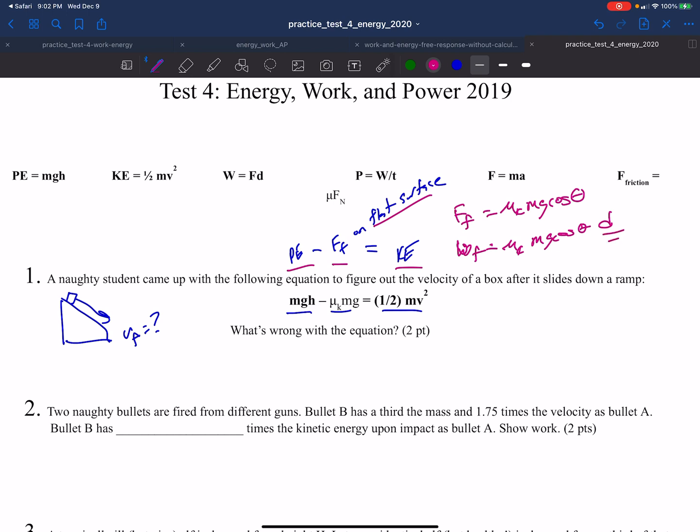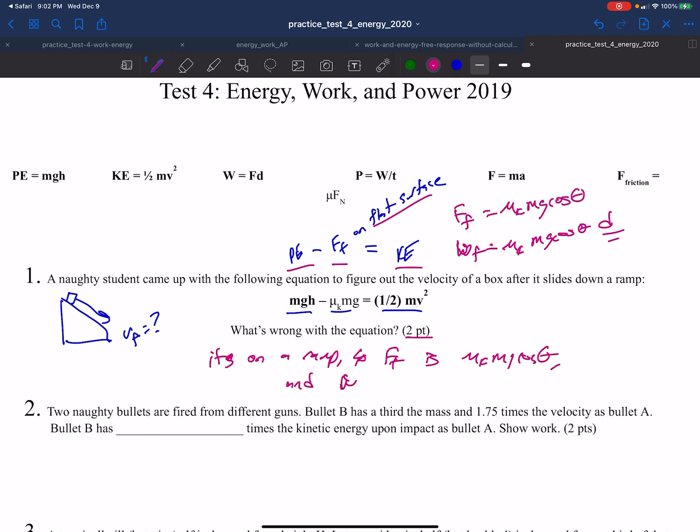So there's two things wrong with this, which is why it's worth 2 points on last year's test. The problem is that it's on a ramp. So force due to friction is mu sub k mg cos theta.